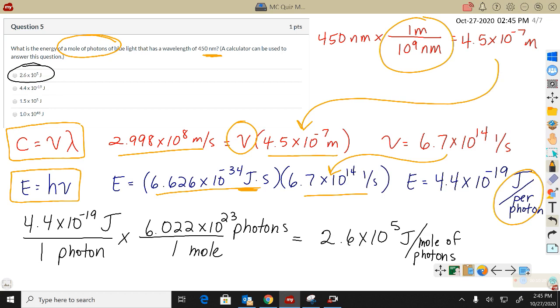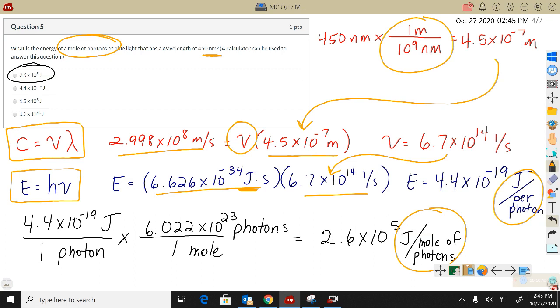I had joules per 1 photon, but there are 6.022 times 10 to the 23rd photons per mole. There are 6 times 10 to the 23rd particles per mole of anything. And so now all I have to do is multiply, and I get my final answer in units of joules per mole.